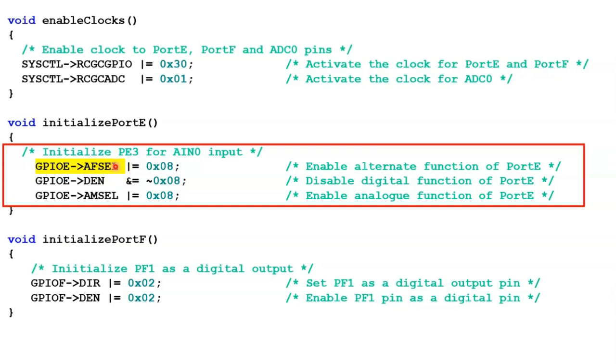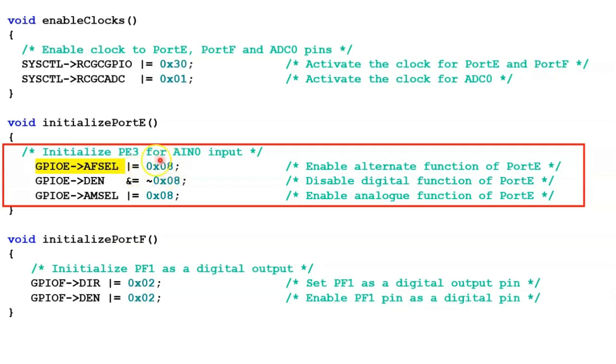Each bit in this register corresponds to a pin on port E. Setting a pin to a 1 enables the alternate function mode for that corresponding pin.